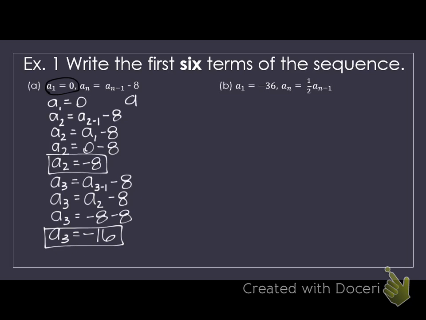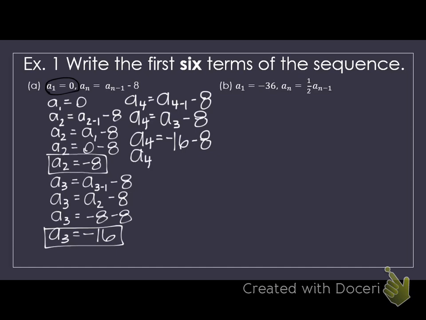All right, let's go up here and do a sub 4, which is going to equal a sub 4 minus 1 minus 8. What is 4 minus 1? 3. So a sub 3 minus 8. Okay, what was the third term? Negative 16 minus 8. So a sub 4 equals negative 24.